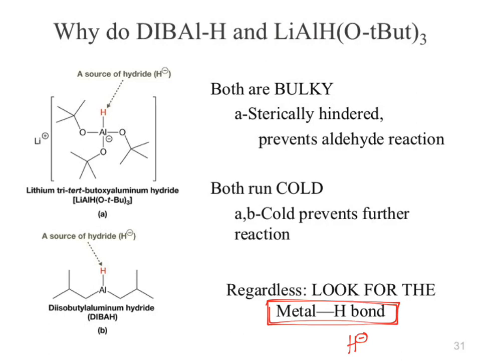But if we think back to all of our hydride situations, really there's only the one exception. Pretty much everything else went through and did some kind of nucleophilic attack. So both are bulky and both run cold. That's pretty much what you need to remember for those. Make sense?